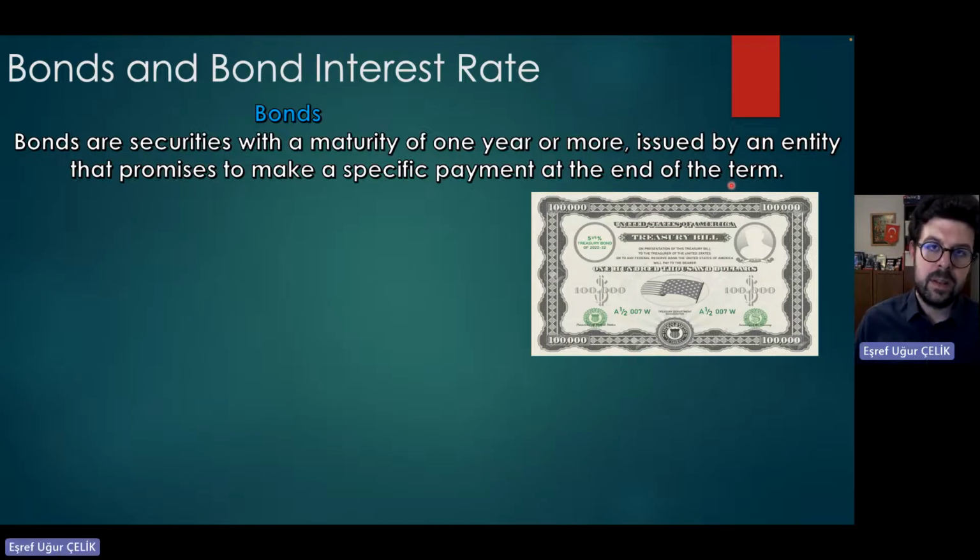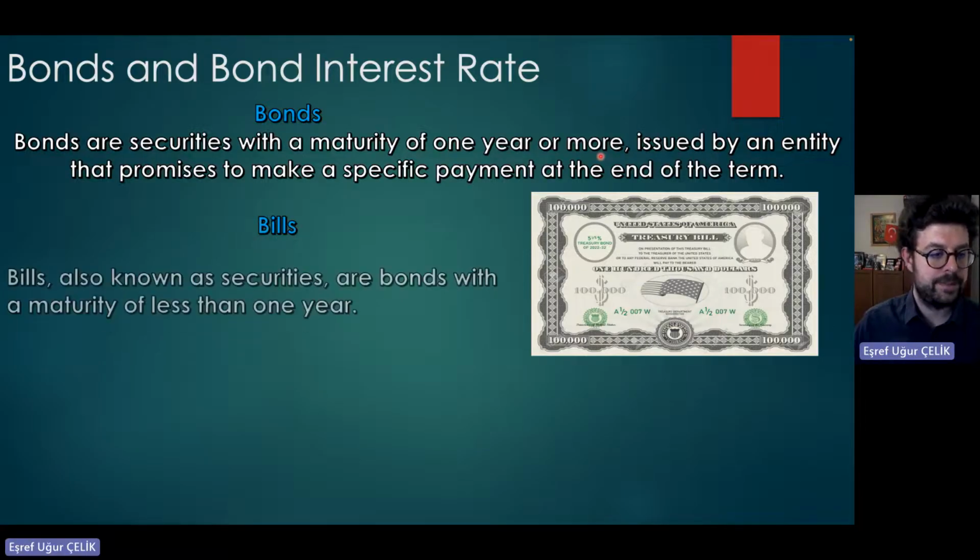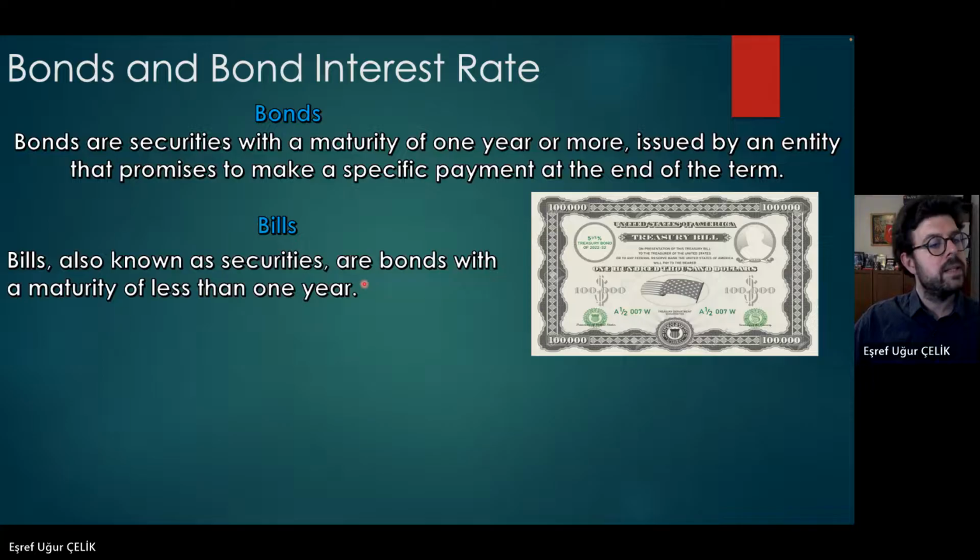When you buy a bond, you know how you will be paid. That's the specific payment at the end of the term. Bonds cover a period of 1 year or more. Bills are the same, but the period is different. This time, the maturity is less than 1 year.